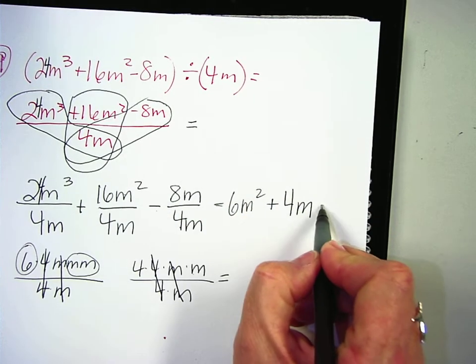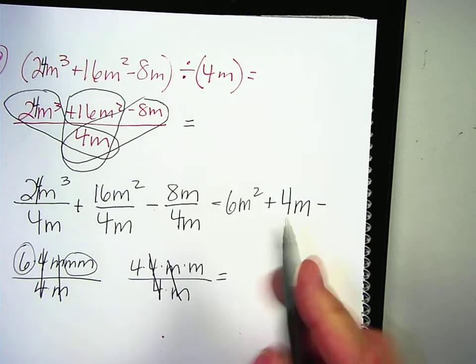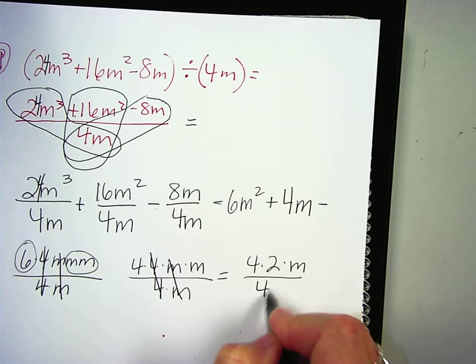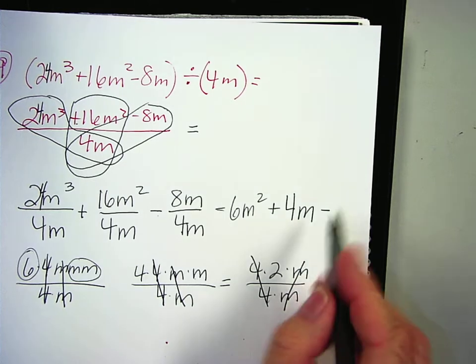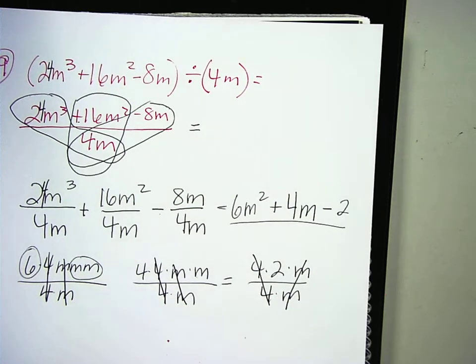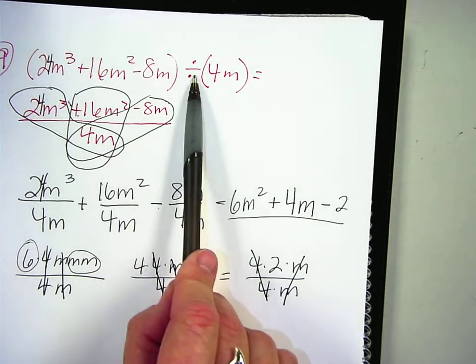Minus, if we have 8m, that's 4 times 2 times m over 4 times m. Those cancel out, and you're left with a 2. And this is your answer. Dividing every stinking term in this trinomial by 4m.